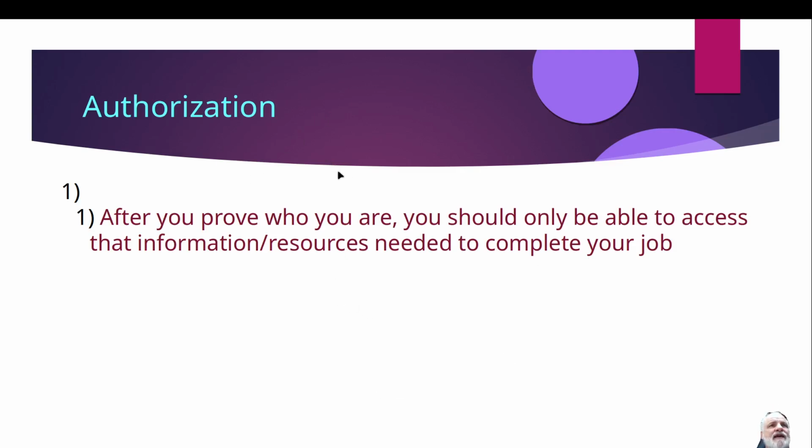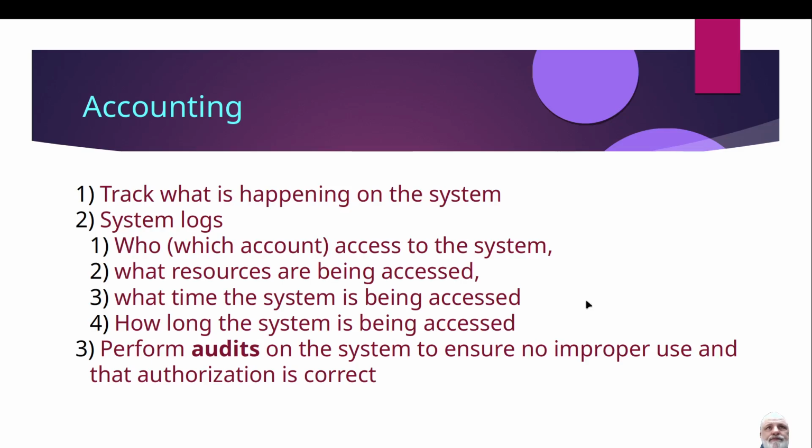Once you've verified who you are, then we have to look at authorization. Based on who you are on the system, that identifies what you have access to and what you don't have access to. And then accounting. The accounting goes along with the authorization.